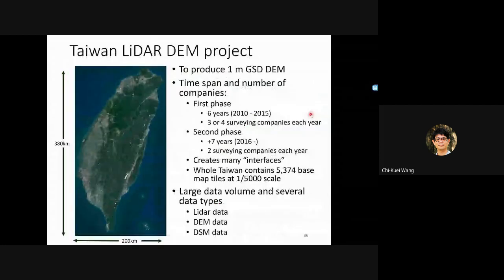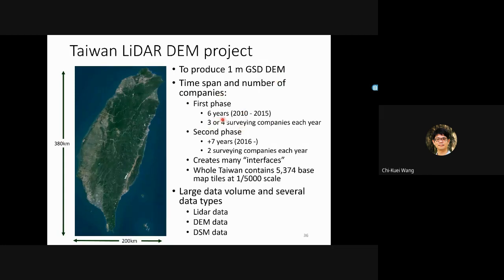All right, just a short introduction to the Taiwan LiDAR DEM projects. For our project, the nationwide, or island-wide, LiDAR project, we want to produce a 1 meter resolution DEM. We finished our first phase.